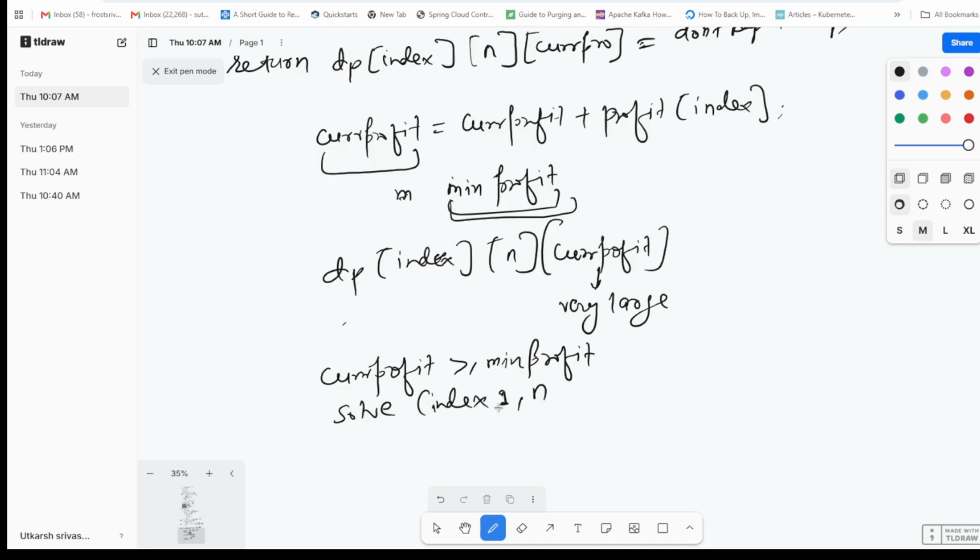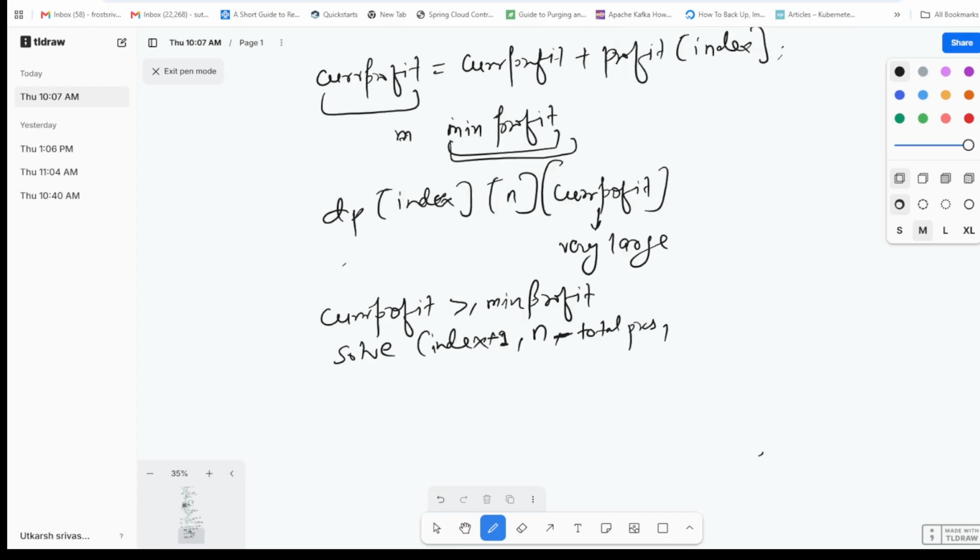Index plus 1, n minus the number of persons that will be reduced from total persons, along with groups, profit, and current profit. So once this crosses, we can directly use min profit here to optimize this.